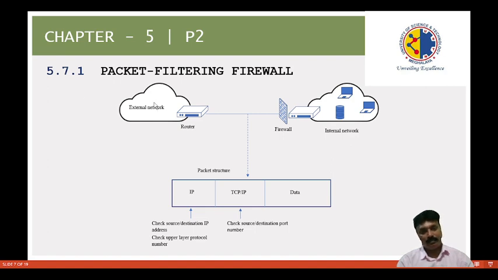From the external network through the router, this particular packet will reach the firewall. Now the firewall will monitor the packet, and it will filter the unwanted data or unwanted signals or unwanted interruptions, and it will allow the right authenticated packets to the internal network.